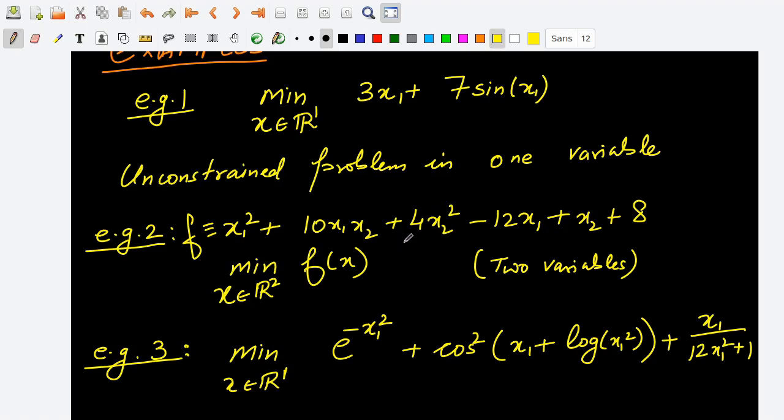Drawing a plot for two-dimensional functions is somewhat more tricky. We will see in possibly the next lecture how this can be attempted. For a function like example 3, plotting the whole function is going to be, I think, far more difficult than actually finding the minimum. Because plotting really means that you are able to find the values of the function at all possible points, and once you know the function value at all possible points, then it is sort of easy.